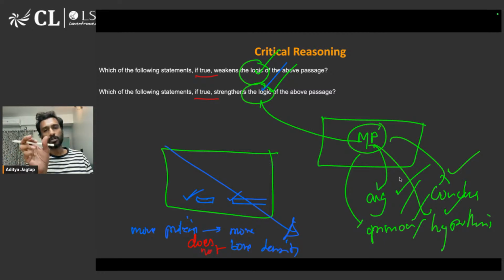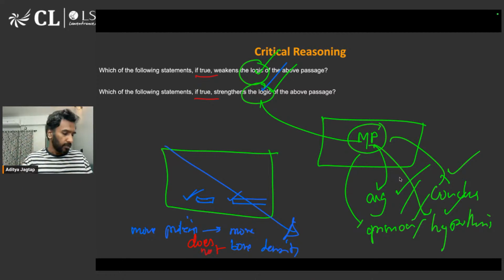The words "if true" are talking about the option, right? The reason is that they'll give us four or five random options which are not present in the passage. But we want to take those options as true facts and see if they'll strengthen the author's argument or weaken the author's argument.